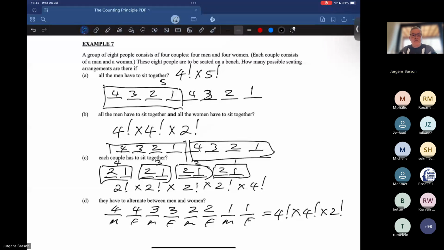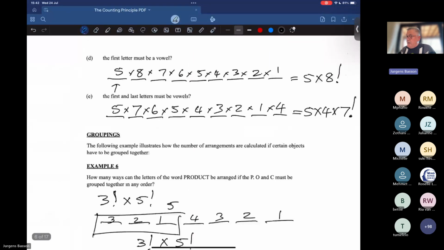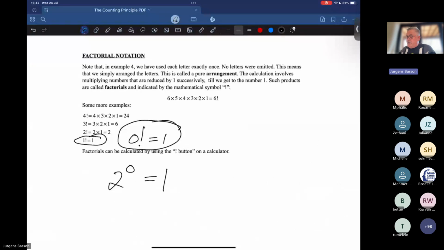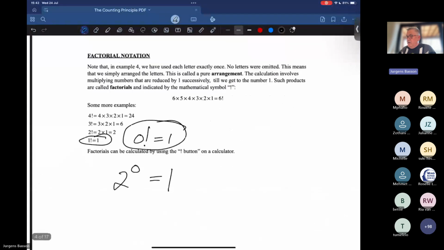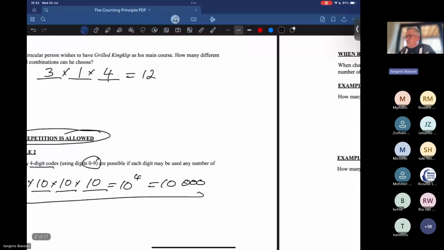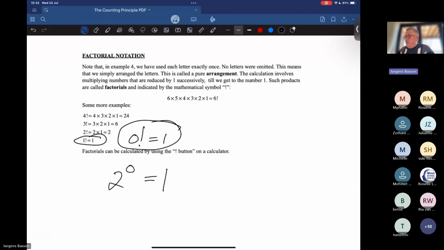Just to mention something here, sometimes in these questions, they say to you 4 men and 3 women. Now, when you have 4 men and 3 women, I just want to go back a little bit, because I'm looking for some space to quickly write it for you. If I can just do it maybe here.